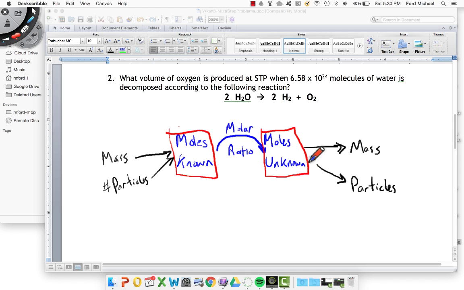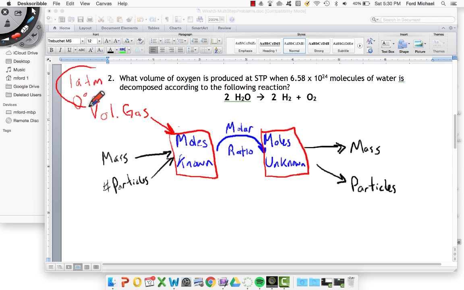So what I want to do is add to this map today, and we're going to use this concept of volume of gas. There's a direct relationship between volume of gas and moles of gas if that gas is at 1 atmosphere of pressure and 0 degrees Celsius.